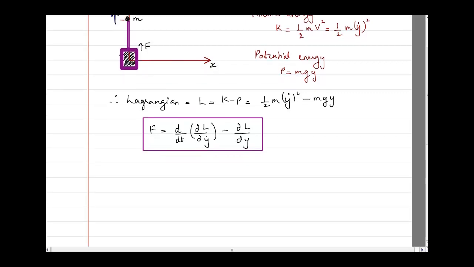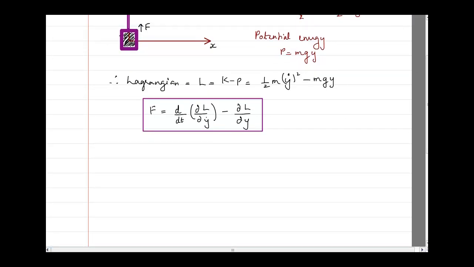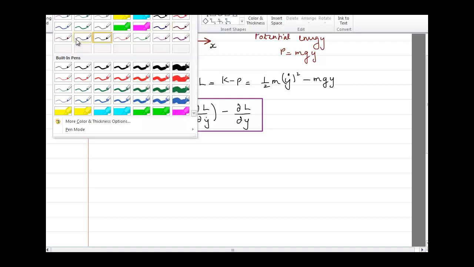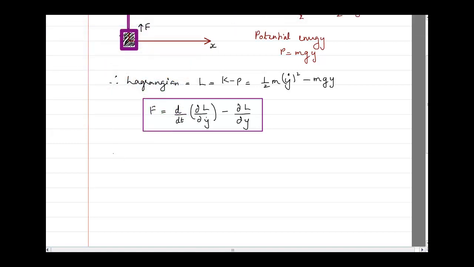So straight away, as you know, we are going to calculate. Let me use a different color. So dou L by dou y dot, you all know that in the first equation I will get the first part as half m 2 times y dot, correct, minus 0, which basically comes out to be, 2 and 2 get cancelled, and I will get m y dot, correct.